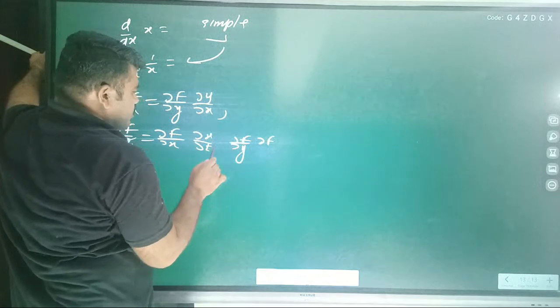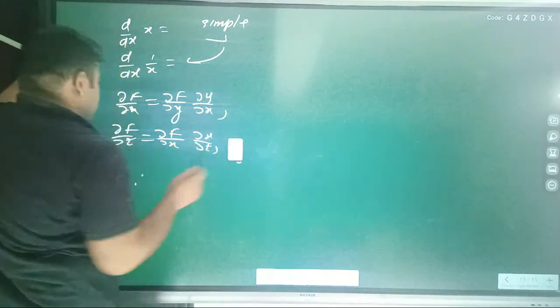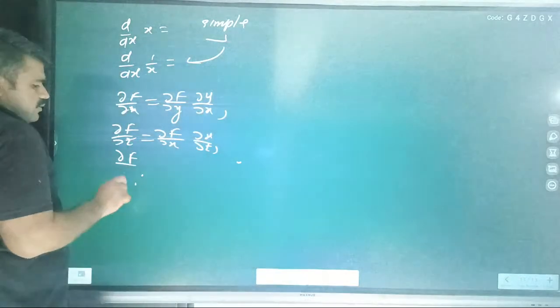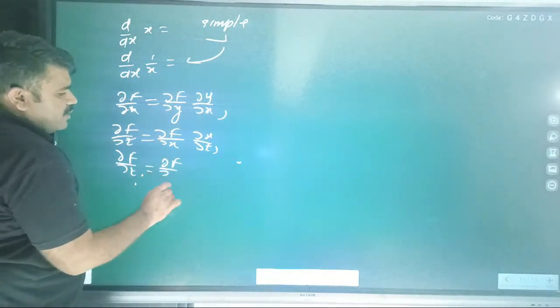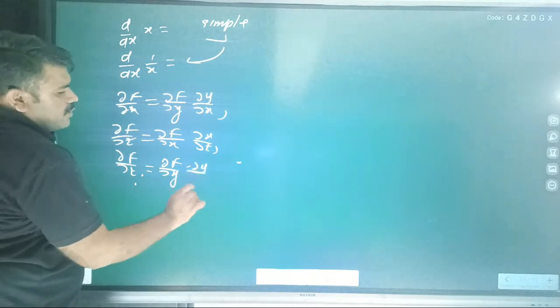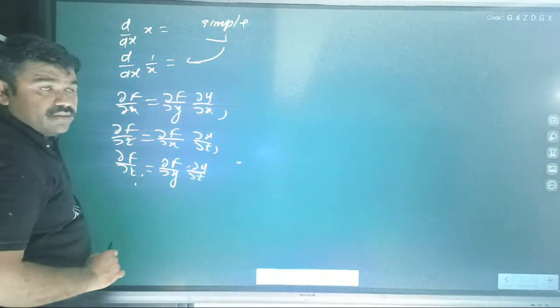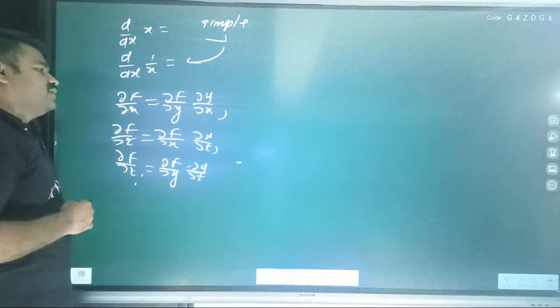Don't take equal here. Okay, ∂u/∂t is equal to ∂u/∂y into ∂y/∂t. Are you understanding the chain rule? So the same here also, we can use the chain rule.